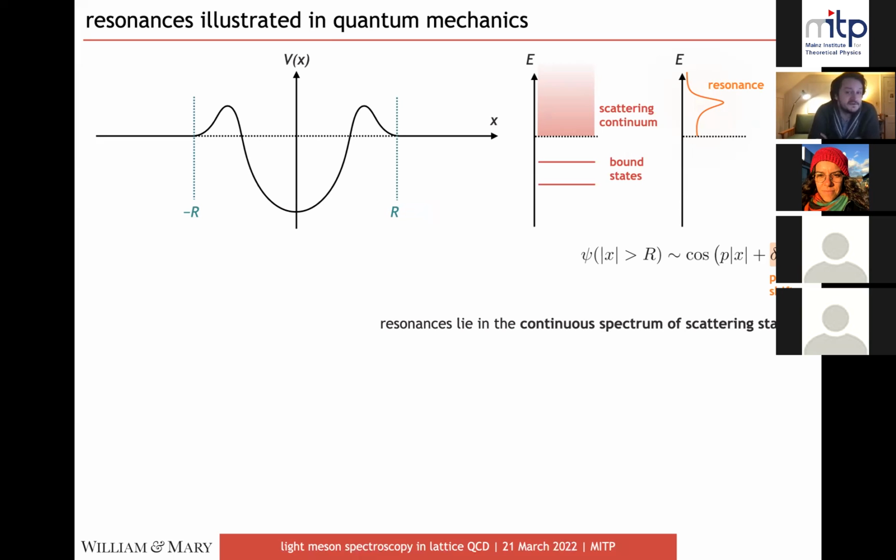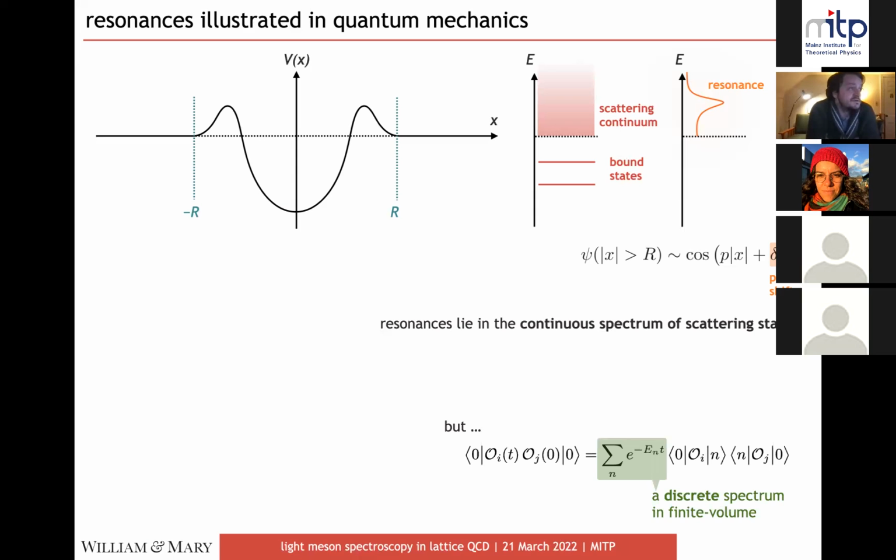And if there's a resonance, you know that this will appear most likely as a bump in that continuum and would be characterized by something like a rapid motion in the phase shift, which describes the wave function outside the potential. So of course, the point is that resonances lie in a continuous spectrum of scattering states.